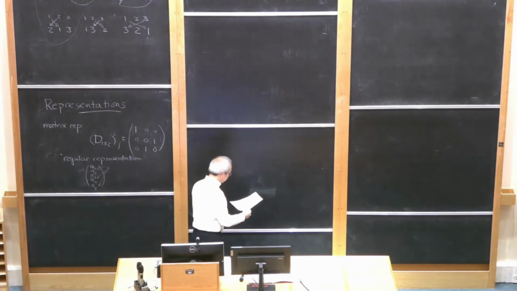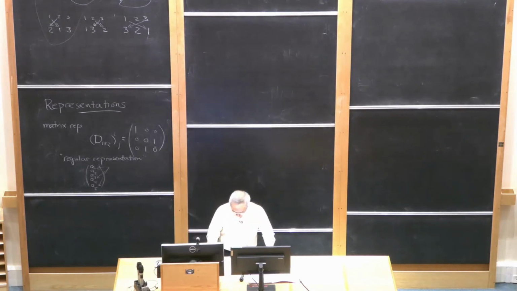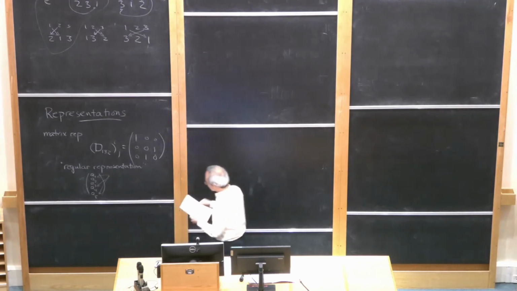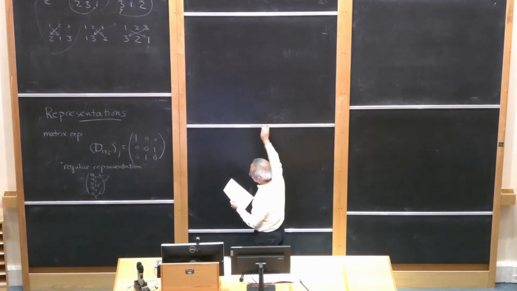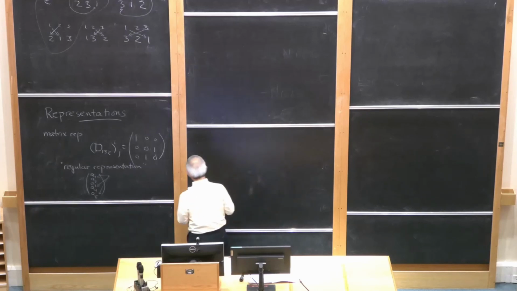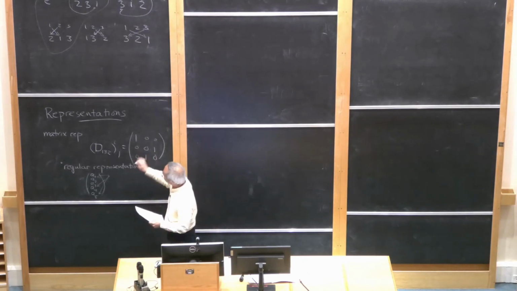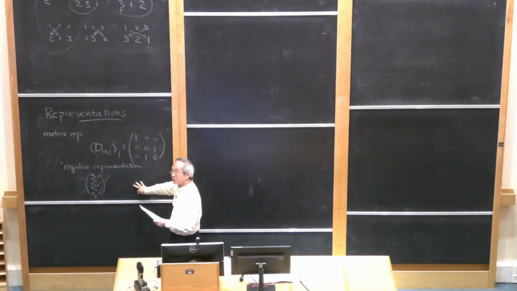Now, let's see. Actually, before I go into that other group, I did want to just amplify on this concept of the representation. What you're actually looking for when we make a mathematical representation is something that behaves in the same way.